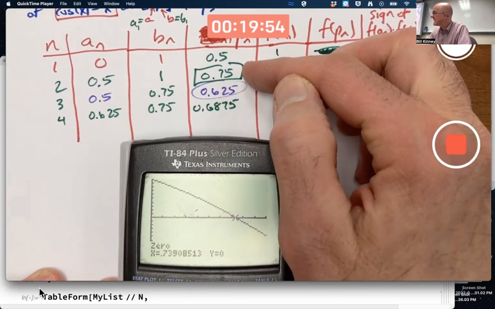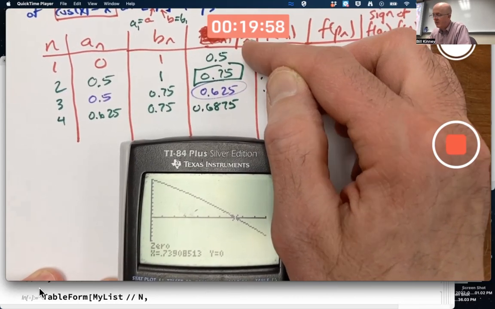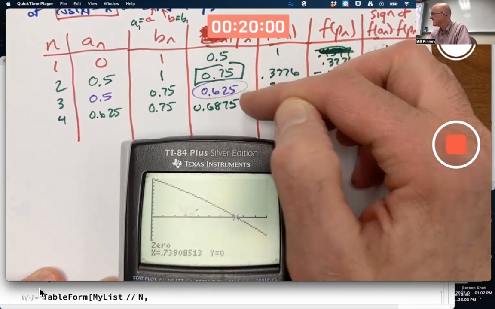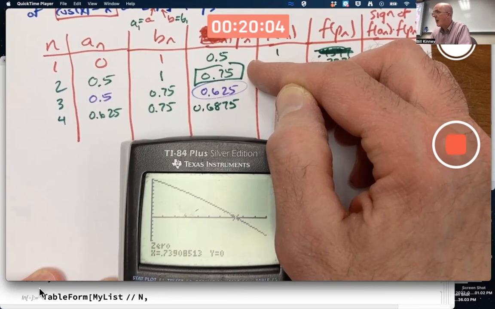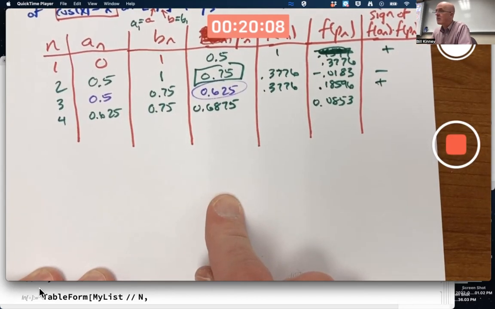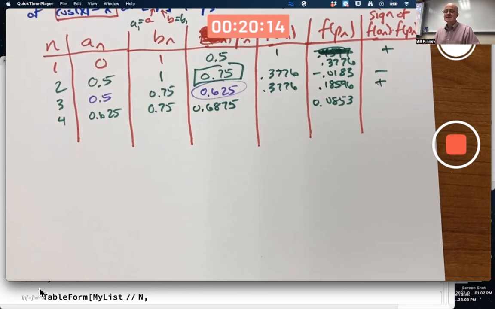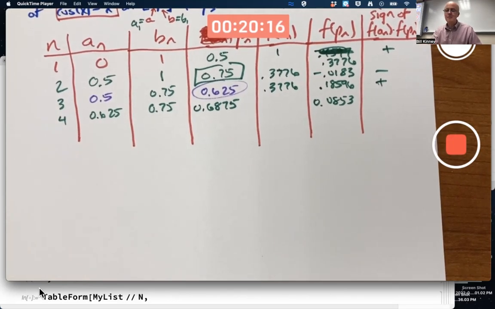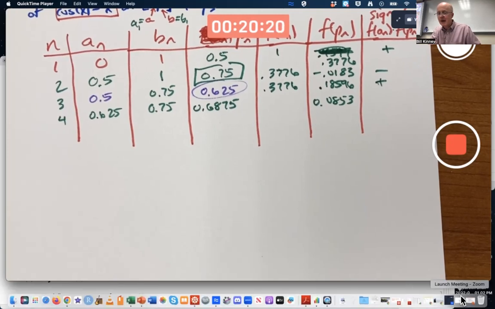In this table, 0.75 certainly is closest. That's P1, this is P2, this is P3, this is P4. Of those, P2 is best. However, if I did keep going, I would eventually get to the point where I'm closer. And all this is guaranteed by something called the bisection method error bound.